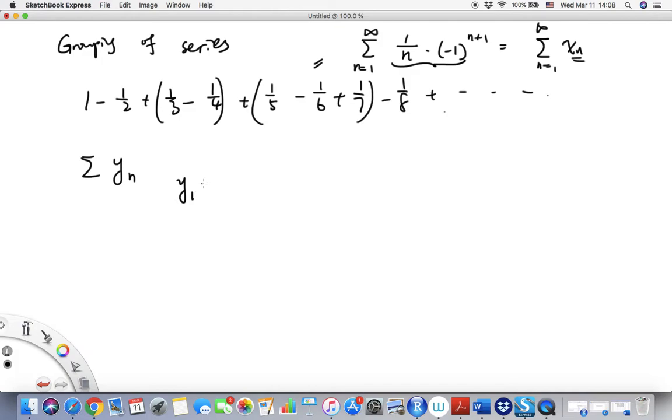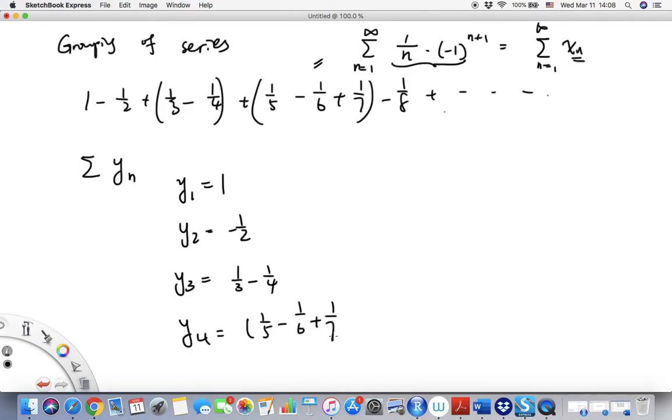So y1 is equal to 1, y2 is minus 1/2, and y3 is 1/3 minus 1/4, and y4 is equal to 1/5 minus 1/6 plus 1/7, etc. So this is a grouping of the original series, and we want to show the following.